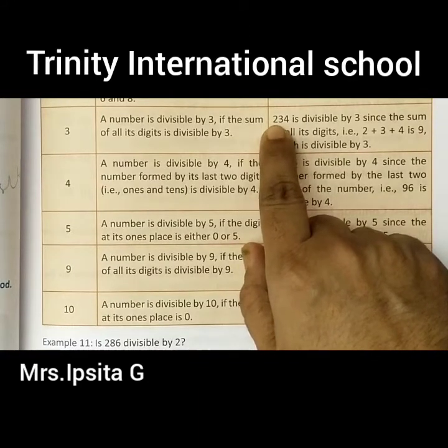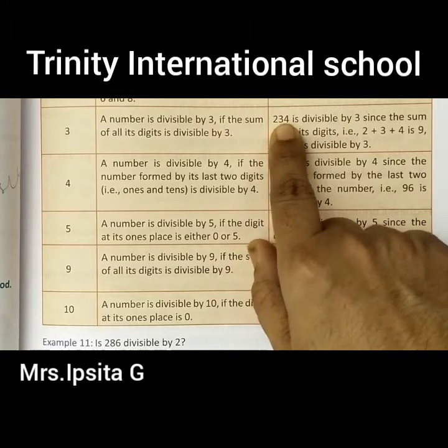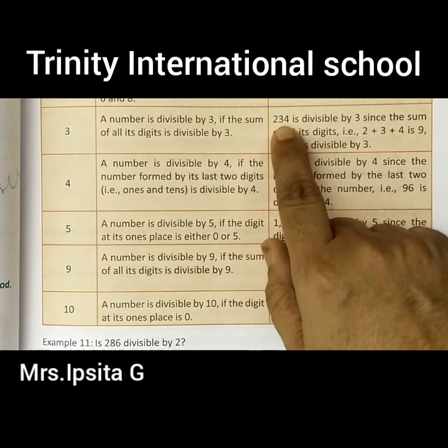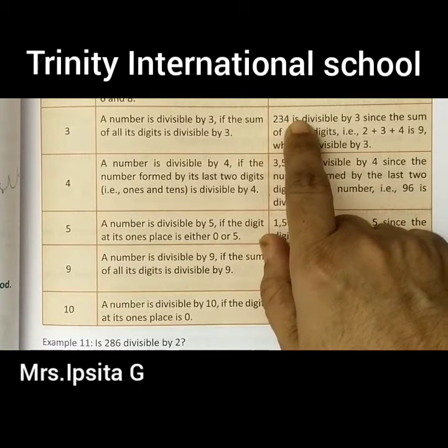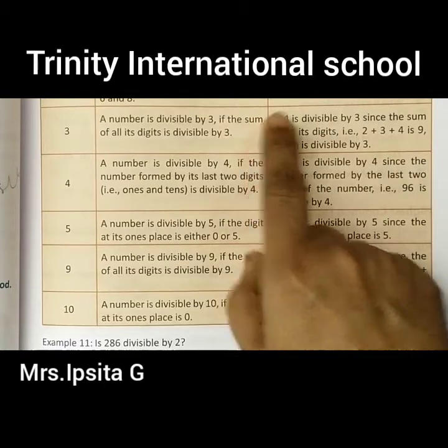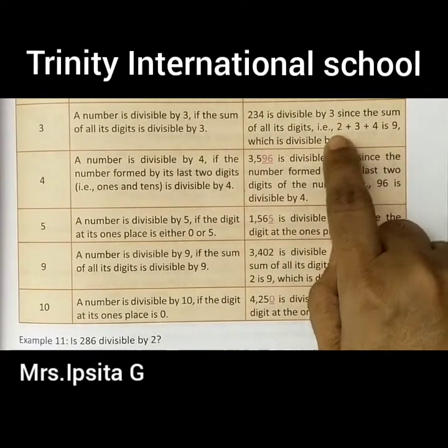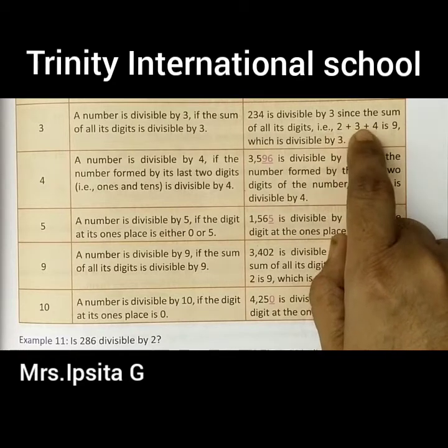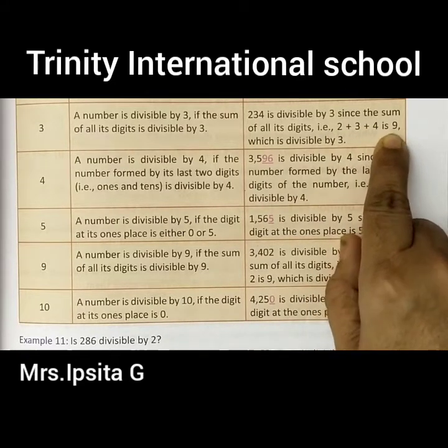So let us see, your number is given as 234. Now what you are going to do is add all these digits. So look, here it is added: 2 plus 3 plus 4. Okay, so as we add up 2 plus 3 plus 4, it becomes 9.